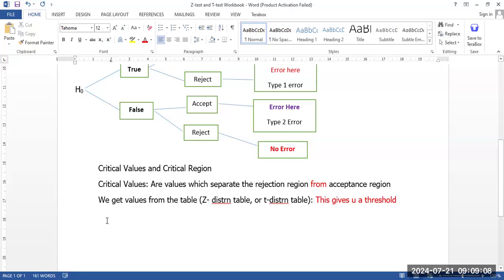So we talk about now the critical region. What is your critical region?